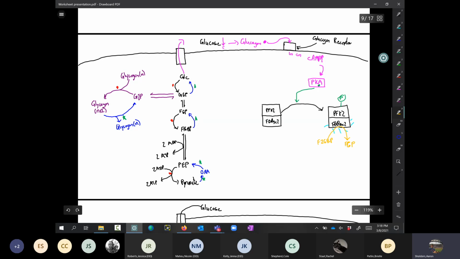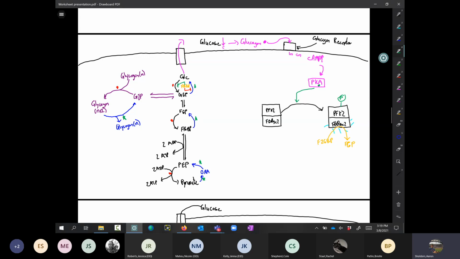This molecule, though, is going to do this. How can I draw this out? Let's use the same colors. Fructose 2,6-bisphosphate, we put it here, it inhibits this enzyme and it activates this enzyme.